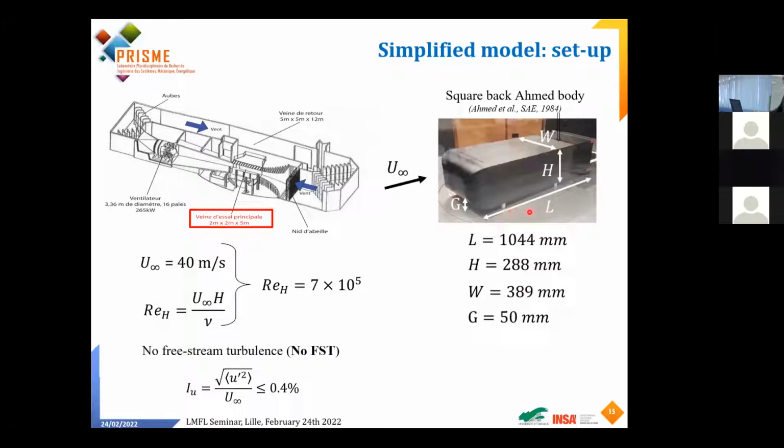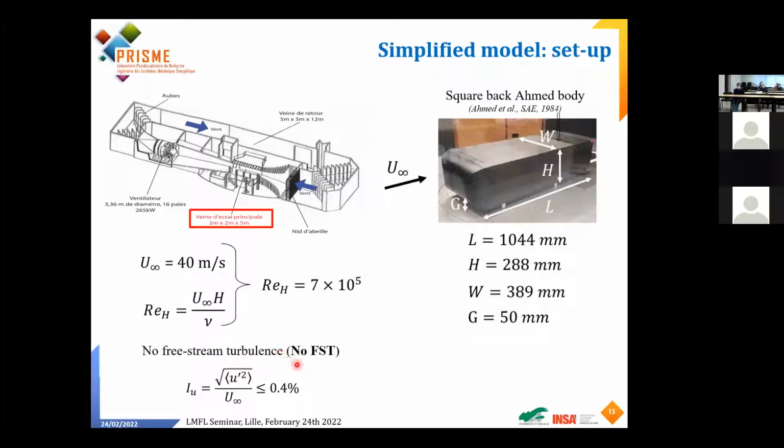So the length is about 1 meter. The height is about 290 millimeters. The width is about 400 millimeters. And the ground clearance here is 50 millimeters, which is the original setup from the experiments done by Hammett at that time. The experiment has been made at 40 meters per second for the free stream velocity, which leads to a Reynolds number of about 7 times 10 to the power 5.